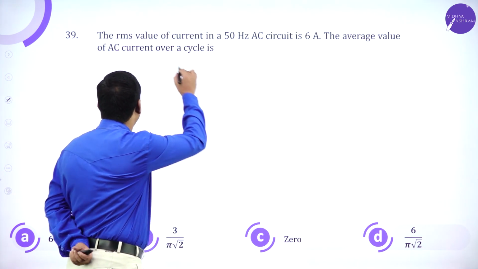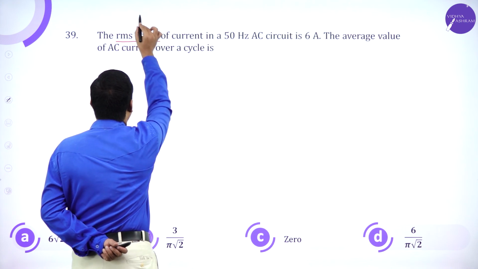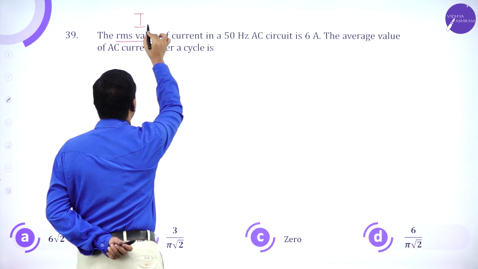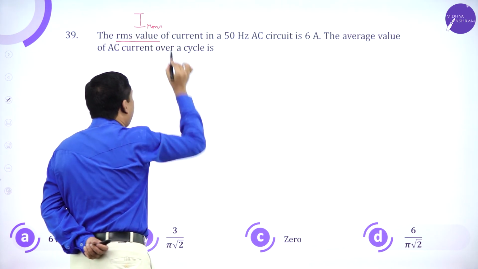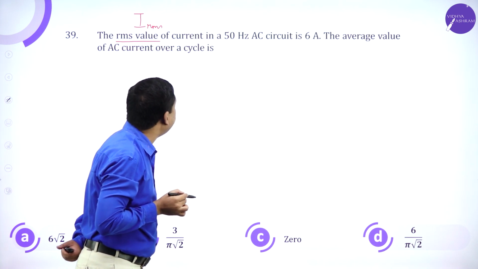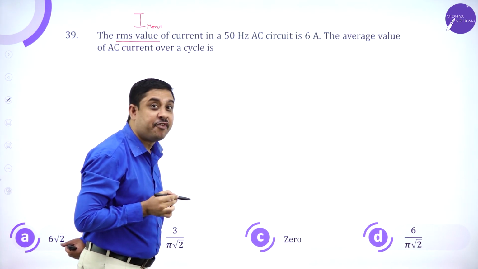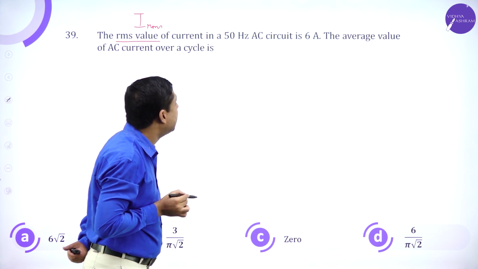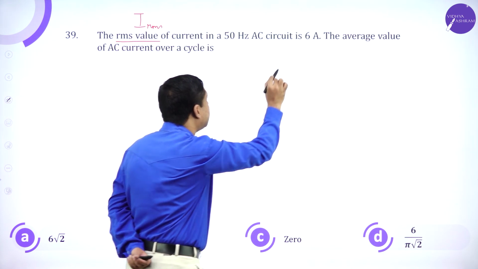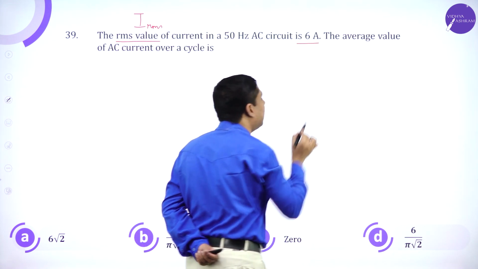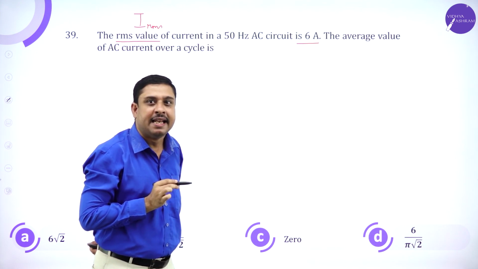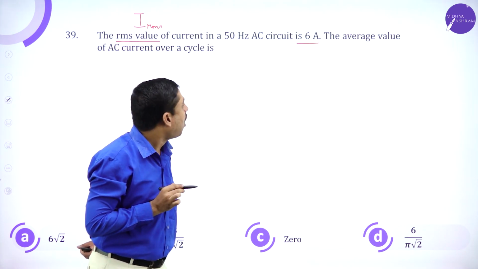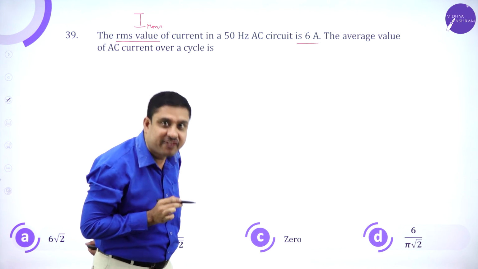RMS value of current, they have asked IRMS. RMS value of current in a 50 hertz AC circuit is 6 ampere.